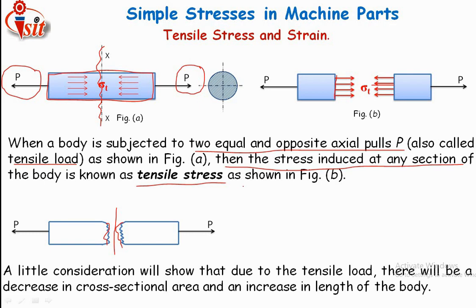In simple language, when we apply a tensile load on a body, and the body offers some resistance, this resistance is nothing but an equal and opposite force. The direction of this force is opposite, but the magnitude is equal. This opposition will be offered by this cross section. That's why this is the cross sectional area, and that's why it is known as the tensile stress.